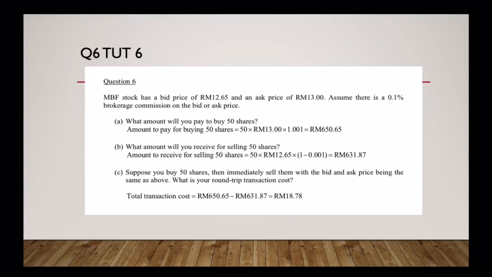So 50 times 13 times 1.001, because 1.001 accounts for the 0.1% brokerage commission on the ask price, which equals 650.65.